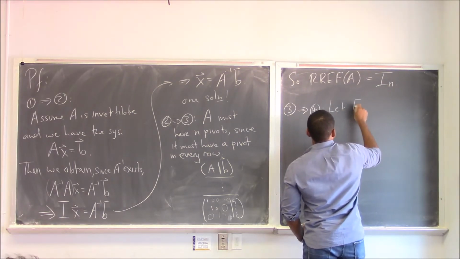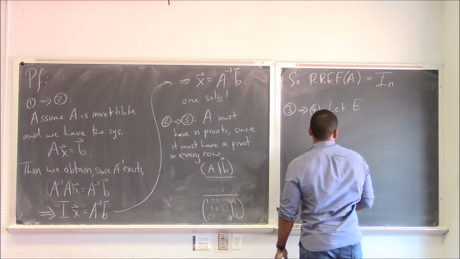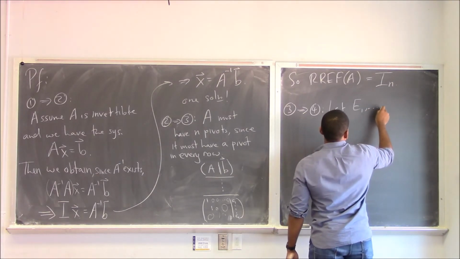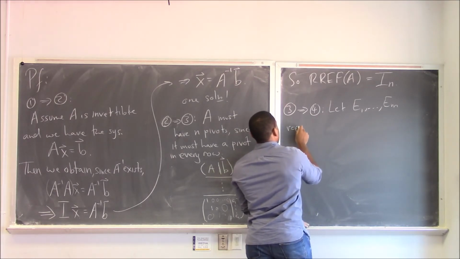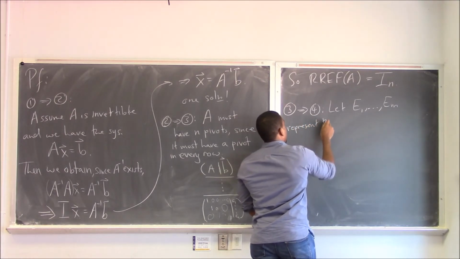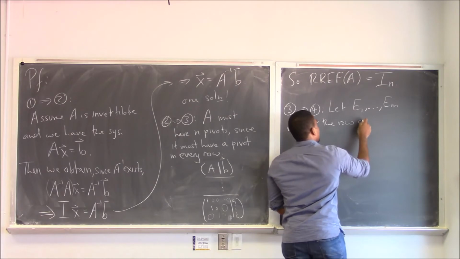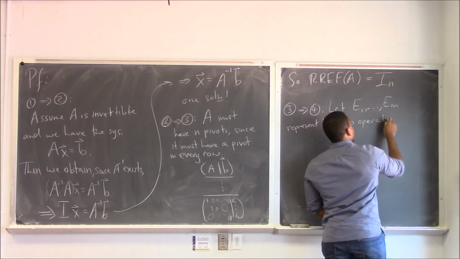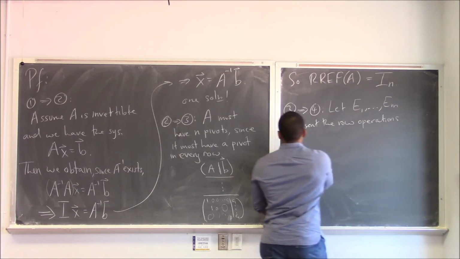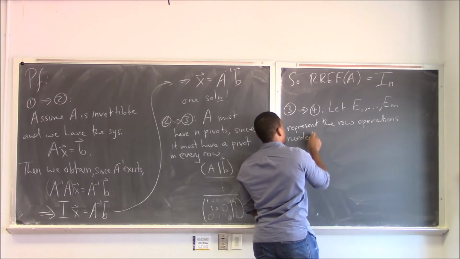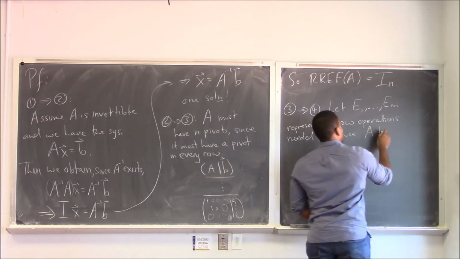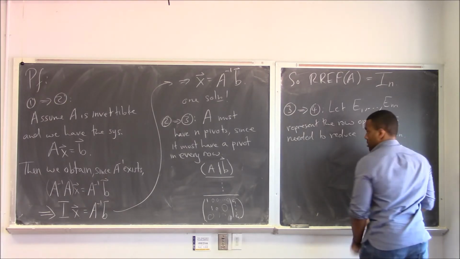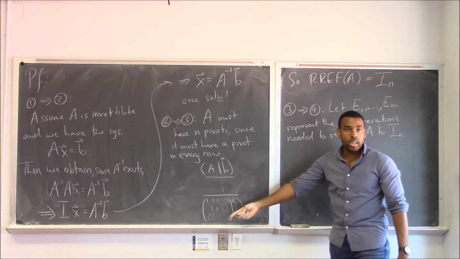You're on the right track, but you'll potentially need more than one, like E1 through EM, to represent the row operations needed to reduce A to IN, right? We did a bunch of row operations to get here.